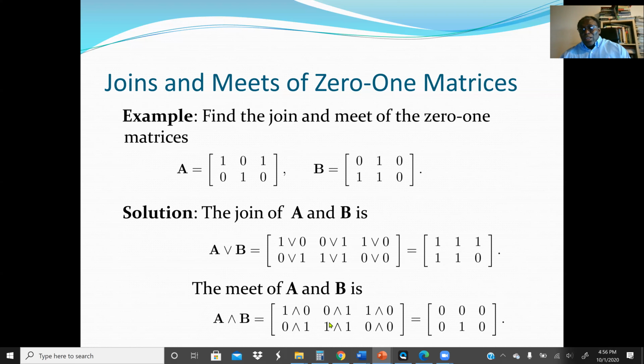So here we can see that everything is 0 except 1 and 1, which is 1. Those are the examples for join and meet. Again, join uses disjunction and meet uses conjunction. But before we do that, we have to check that the two matrices have the same size.